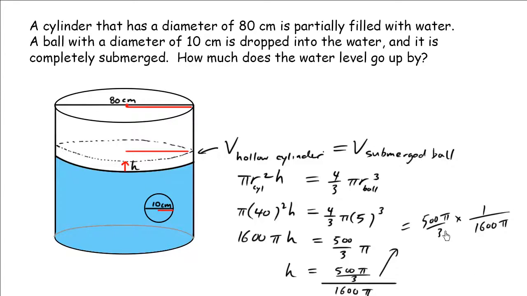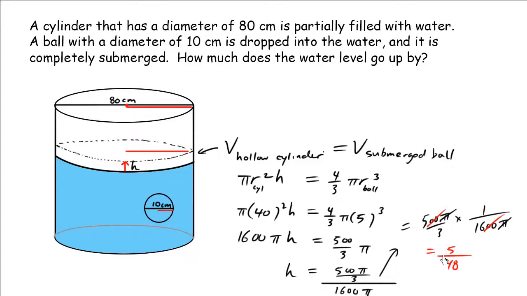So we can continue simplifying by crossing out. You can cross out the pi here. You can also cross out, divide diagonally here by 100, so we end up losing these two zeros, and we can multiply across now. 5 times 1 is equal to 5, and 3 times 16 is equal to 48.